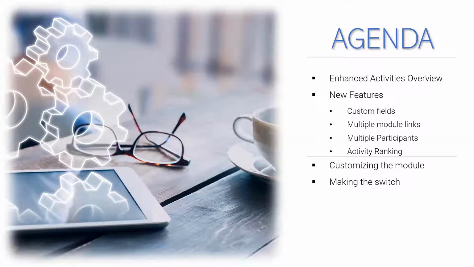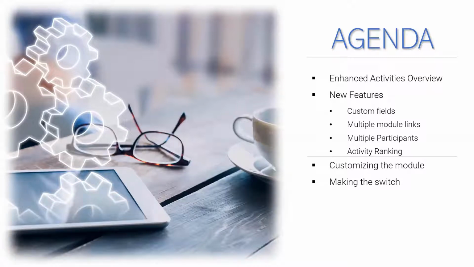So the new Enhanced Activities would allow you to do that, where you can go to the activities module and you can then search for all of the activities that are connected to, first of all, an opportunity, second of all, to specific opportunities. So that's a big plus.